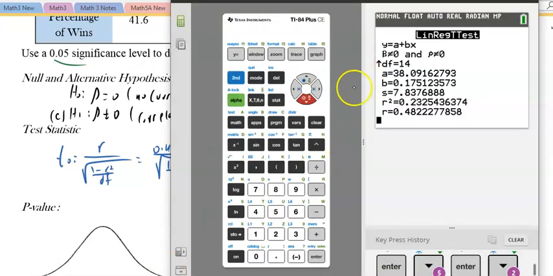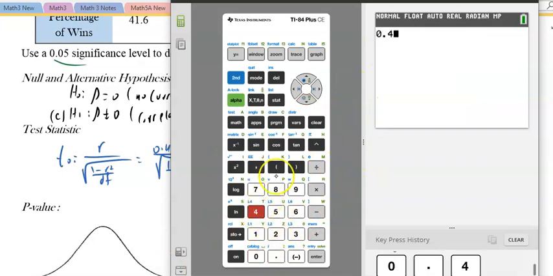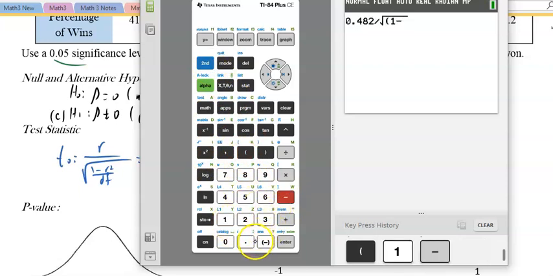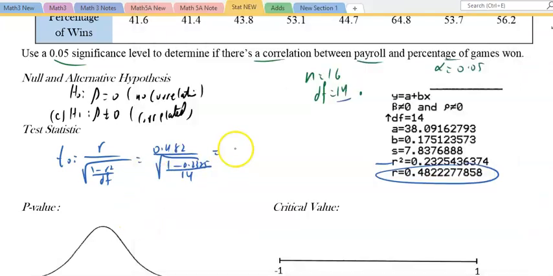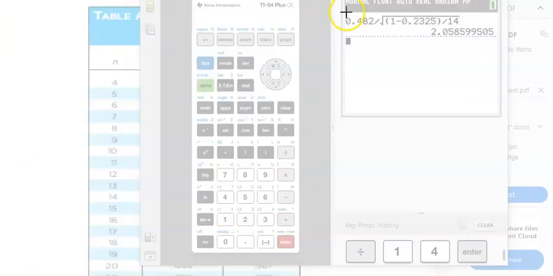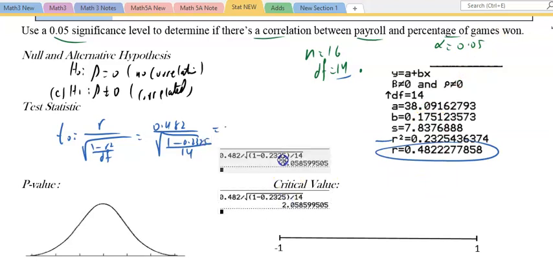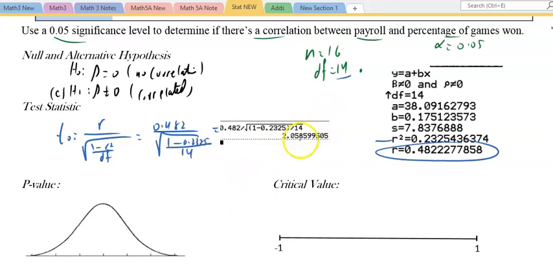I plug this in my calculator: 0.482 divided by the square root of parentheses 1 minus 0.2325 squared, divided by 14. And there it is. I got it to be 2.06.